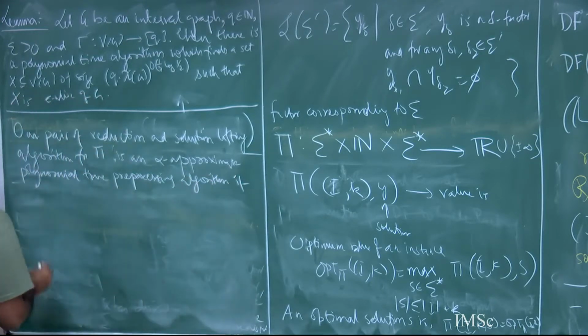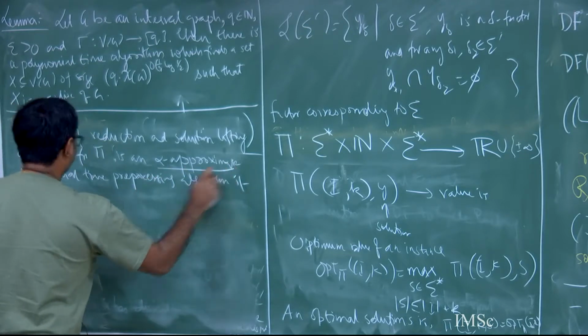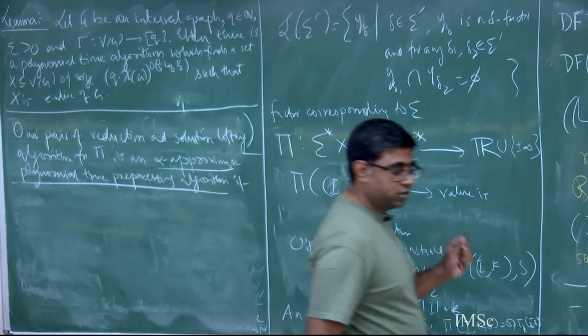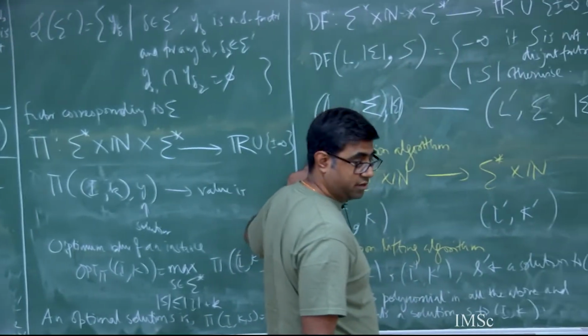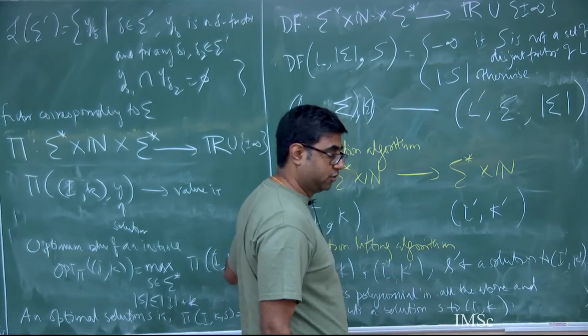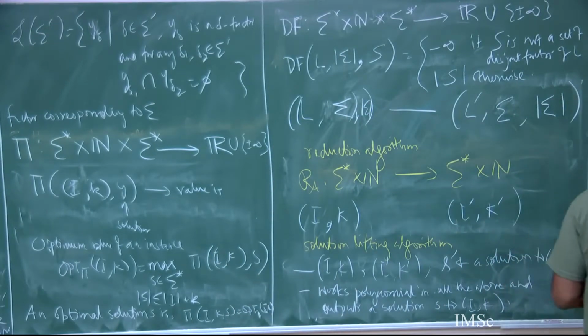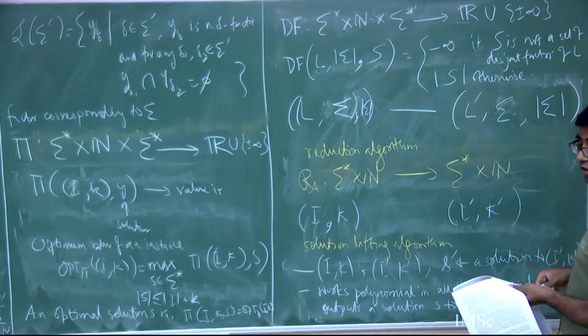if what happens. I have not talked about size or anything, all I am saying is that I am defining a notion of alpha approximate polynomial time preprocessing algorithm, right. So we will worry about the size. It has two algorithms, one is the reduction algorithm, another is the solution lifting algorithm. The reduction algorithm just returns you an instance of the same problem if it is a kernelization algorithm.